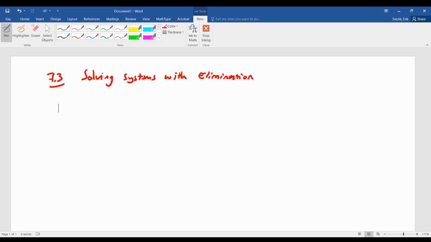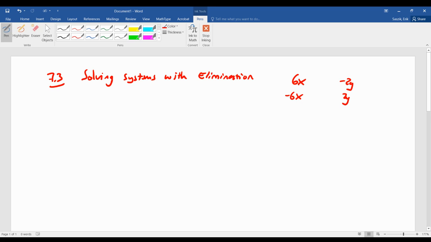To do this elimination, though, you have to understand the concept of an opposite pair. I'm going to talk about an opposite pair of variables. For example, if I had 6x, the opposite would be negative 6x, because when you add these together, they cancel out. They go away completely. If I had negative 2y, the opposite would be positive 2y, right?